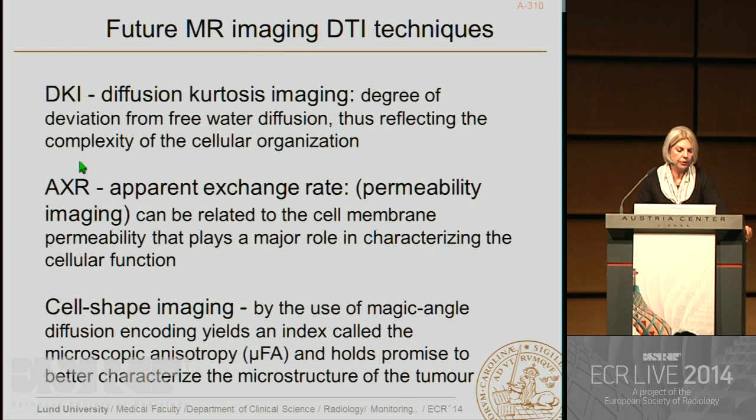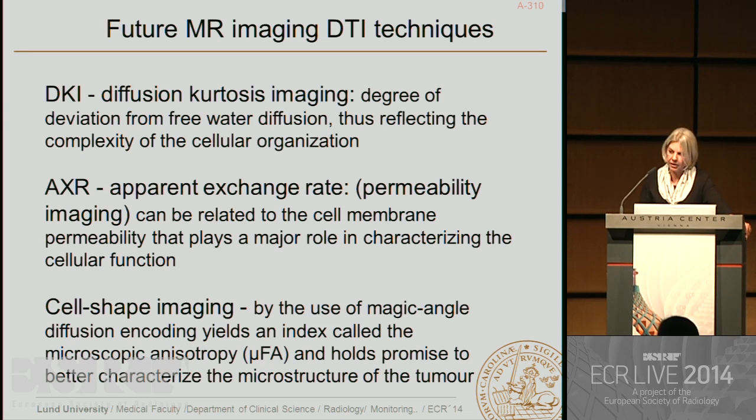One of them is the diffusion kurtosis imaging that you all have heard about previously, with mean kurtosis, that gives you a degree of free water diffusion and the deviation from the free water diffusion and might reflect the complexity of cellular organization. Another method is the apparent exchange rate. It's a permeability imaging where we try to relate to the cell membrane's permeability, and that might play a role in characterizing cellular function.